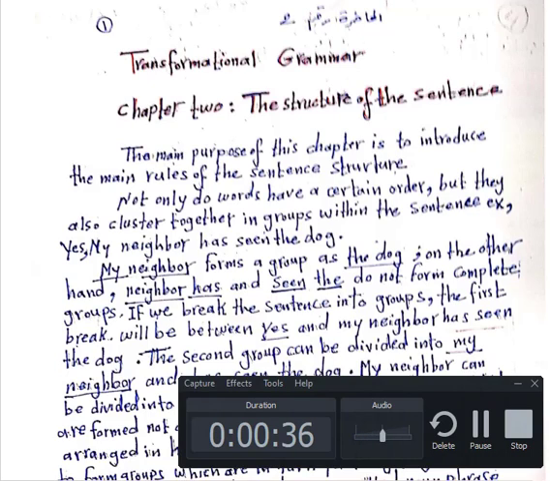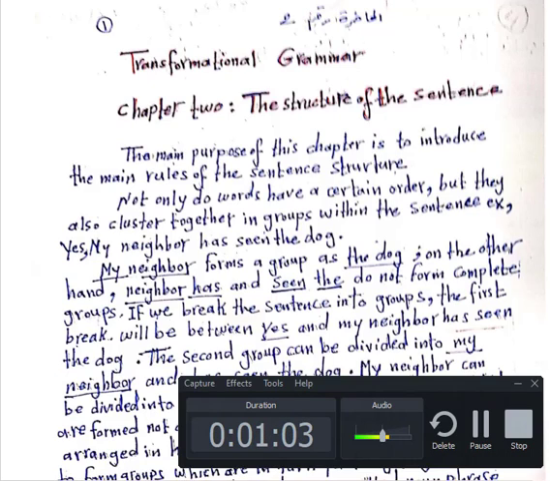That means we need to know how to construct the sentence according to Chomsky's theory, to know the rules of constructing sentences in the English language. The main purpose of this chapter is to introduce the main rules of sentence structure.